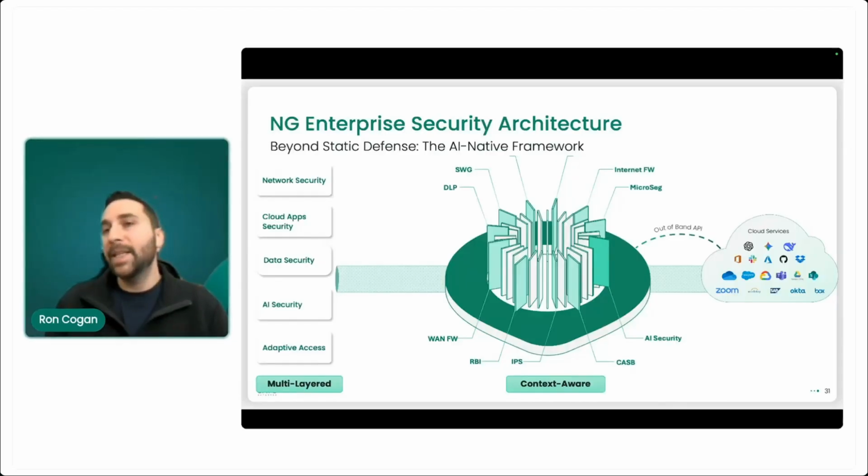What exactly does it mean? It means that hackers or attackers are leveraging AI and advanced techniques to actually breach organizations these days. This is why so far we introduced a multi-layered security approach, and this is the right approach, starting from the network to cloud apps, data security. Now we have AI security, all of that with adaptive access and zero trust. And this is the right architecture.